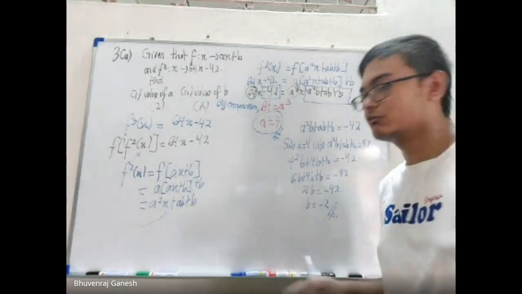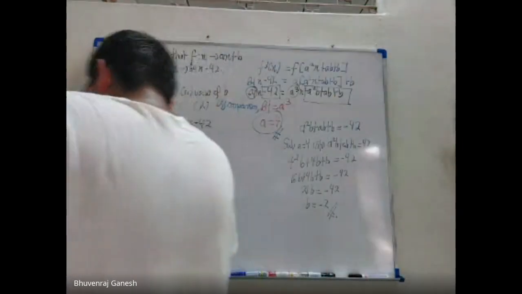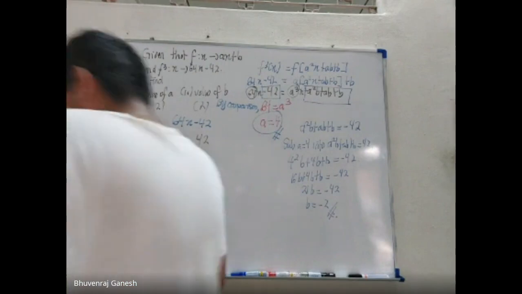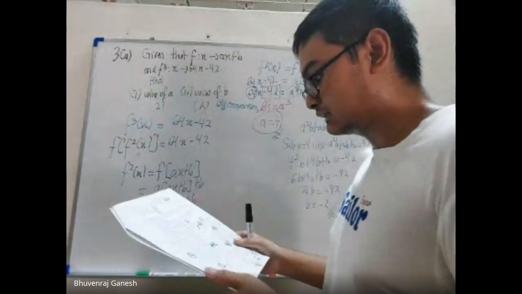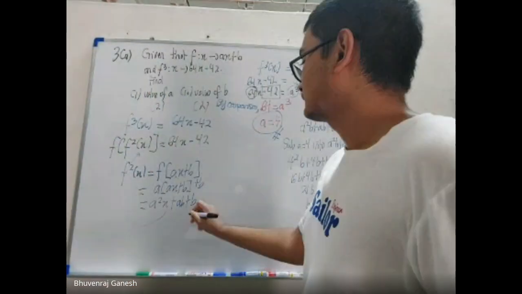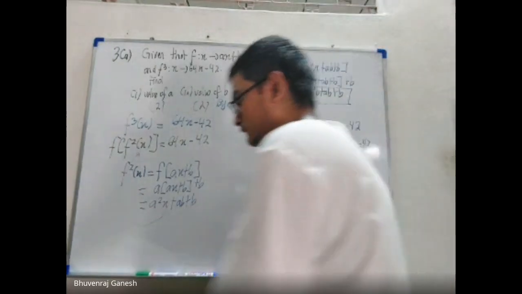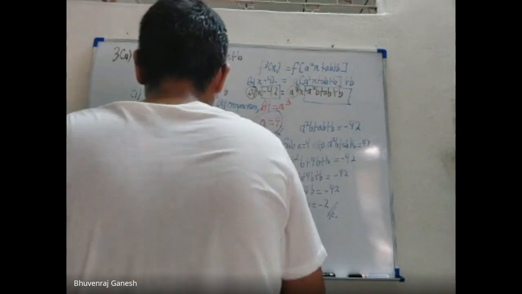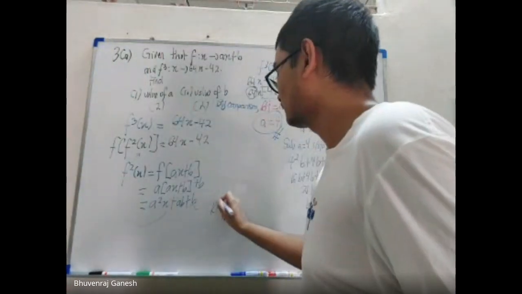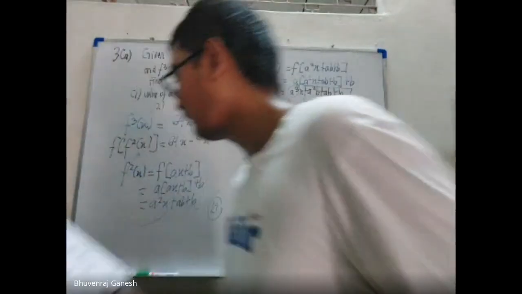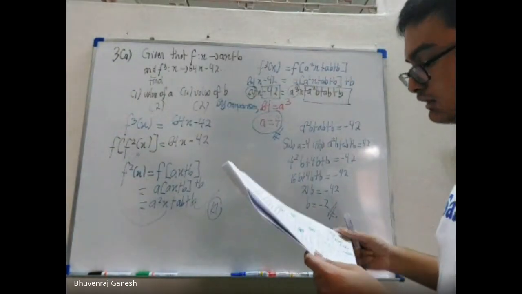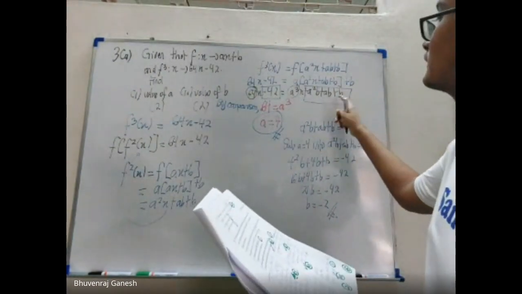So this is how you solve for 4 marks. Where the 4 marks are coming from is, you have to find your f square x first, this part, which is your K1. So this part will give you K1. And then the next is when you can form this equation right here.